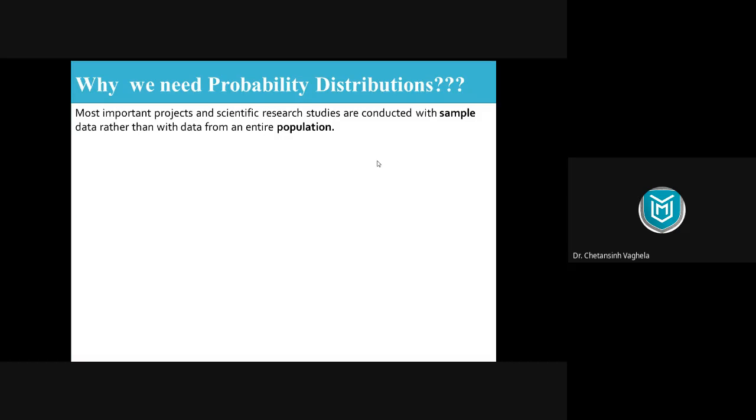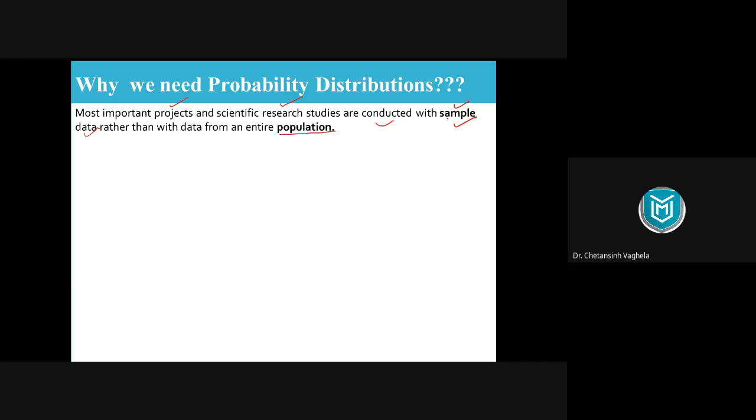Now, as I had written on the slide, most important projects and scientific research studies are conducted with sample data rather than with data from the entire population. If we are working on one of the most important projects or research, then instead of dealing with the entire data, we will be dealing with just a sample.